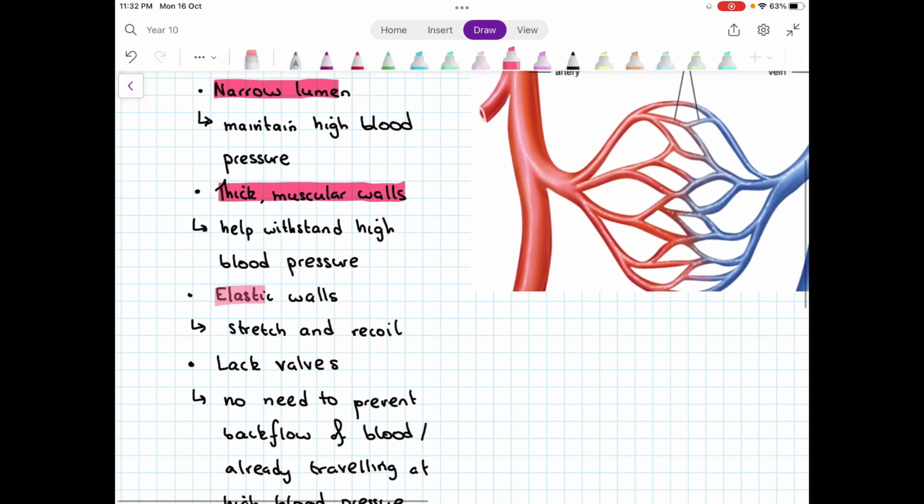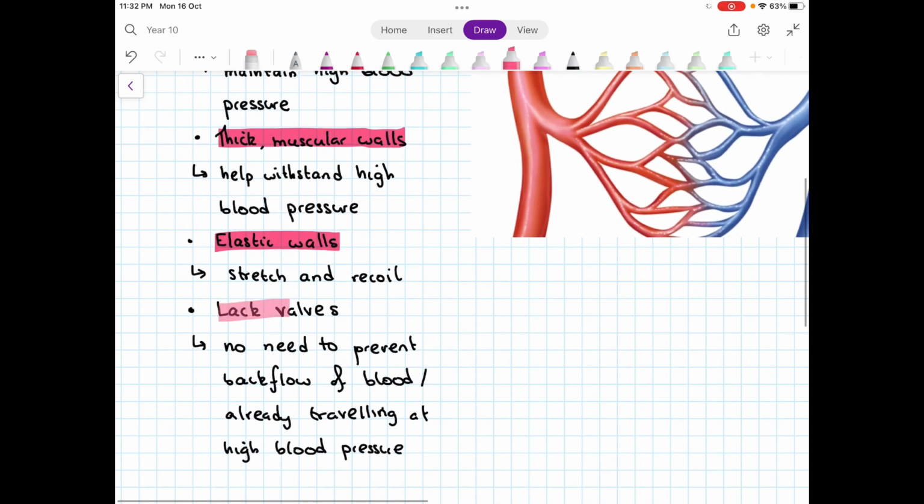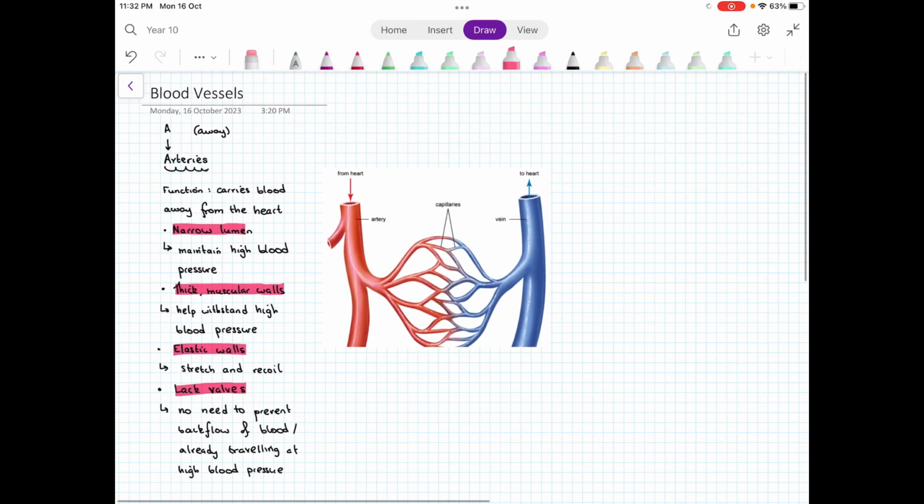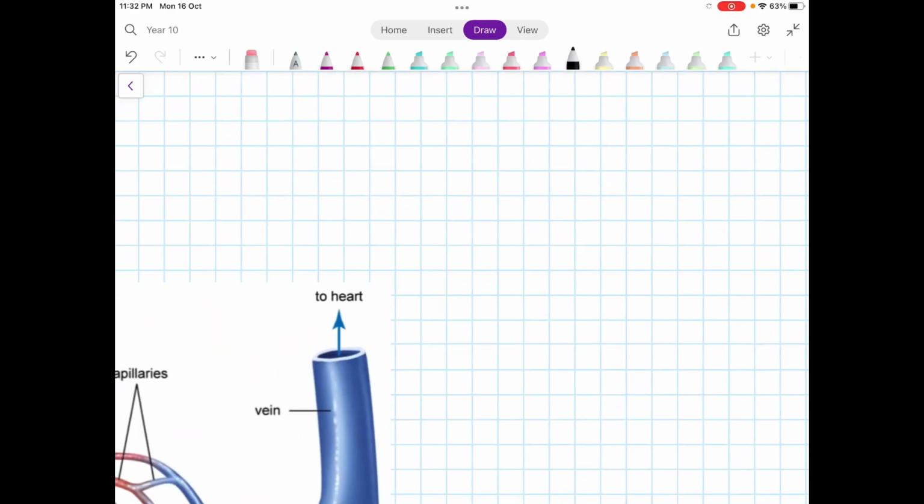So narrow lumen, thick muscular walls, elastic walls, and no valves are some of the features of arteries.